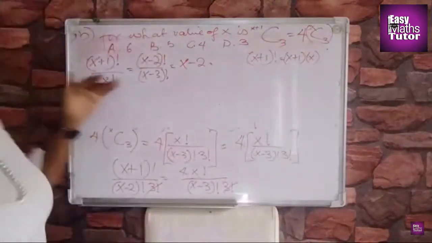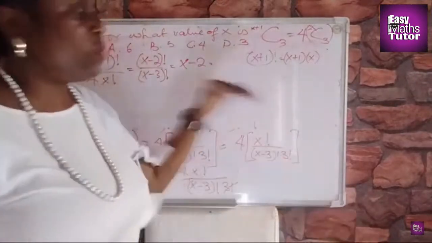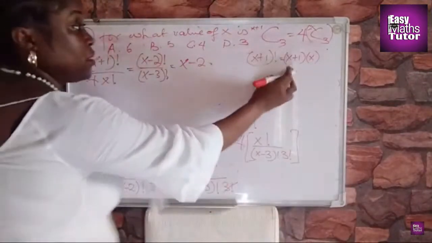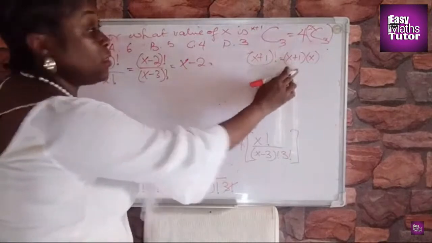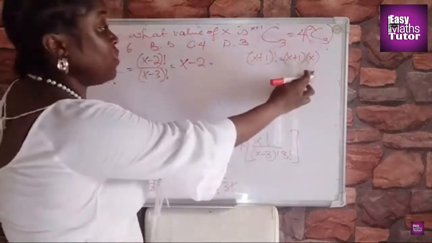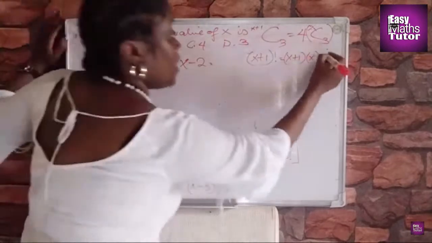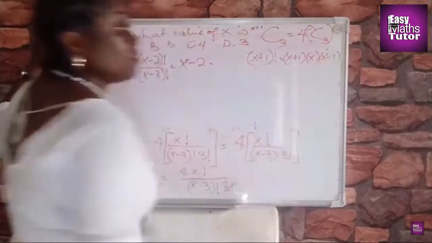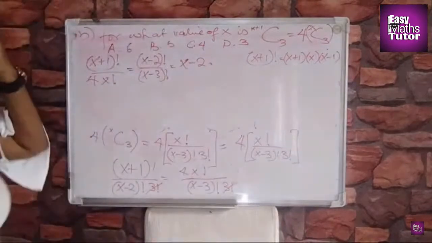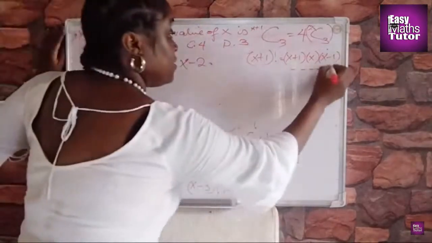You know, it goes in descending order. It reduces. So if the number is x plus 1, the next consecutive number will be x. And then the next consecutive number will be x minus 1. It's reducing, right? And it keeps multiplying till 1.